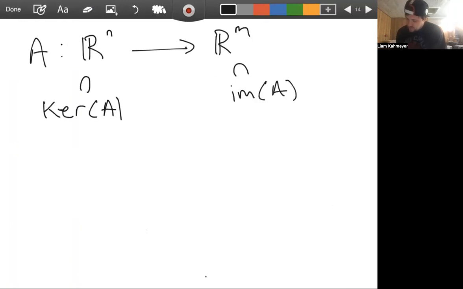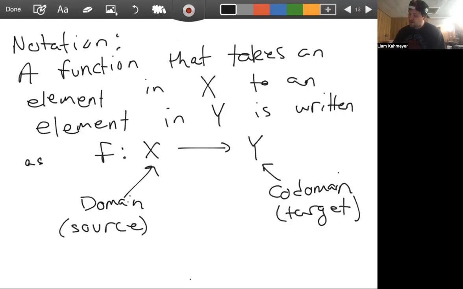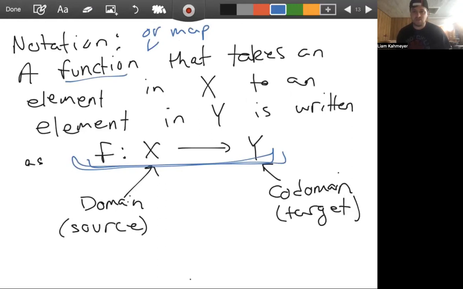And so in words, this is the kernel of the map A. We'll also refer to a function as a map. And you could read this notation as F maps X to Y, right? This is another way we could understand this notation here.